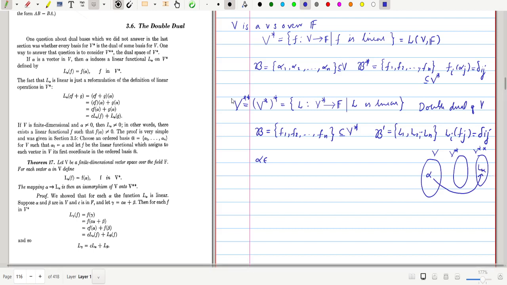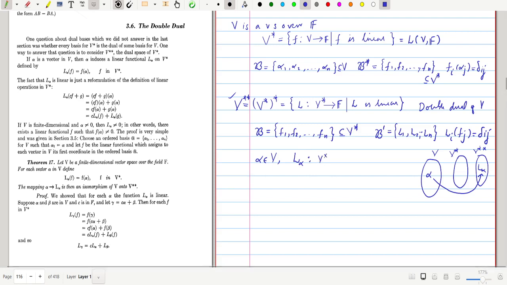L alpha is a member of V double star, so it should be a linear functional from V star to F. We define the map L alpha corresponding to alpha. This L alpha is a function from V star to F.